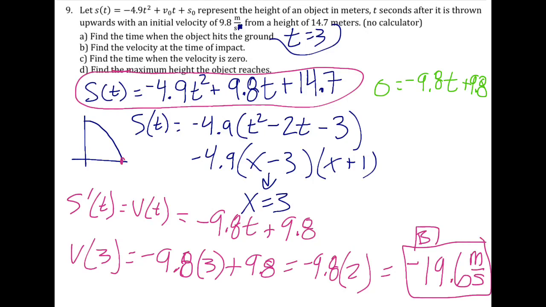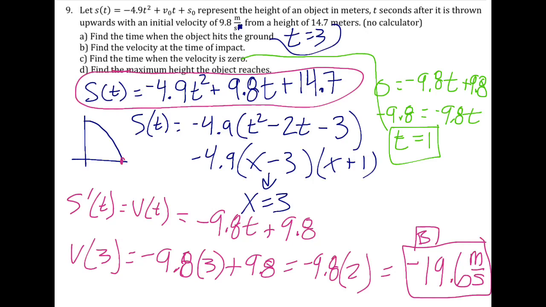And so we're going to solve for t. We need to subtract 9.8 from both sides. So minus 9.8 equals negative 9.8t. So divide by negative 9.8 to get t equals 1.